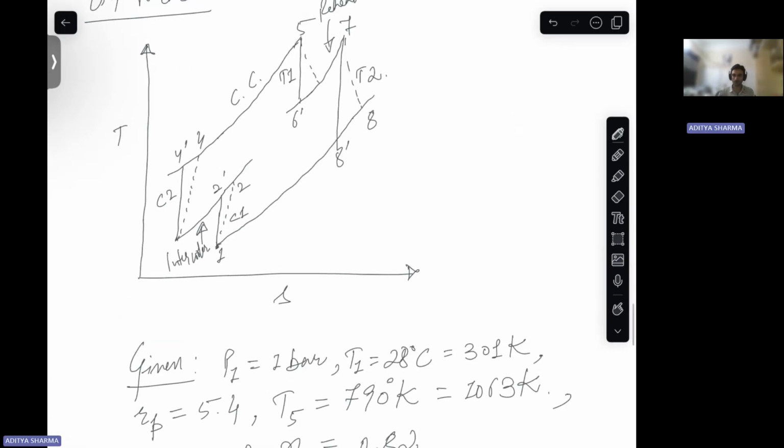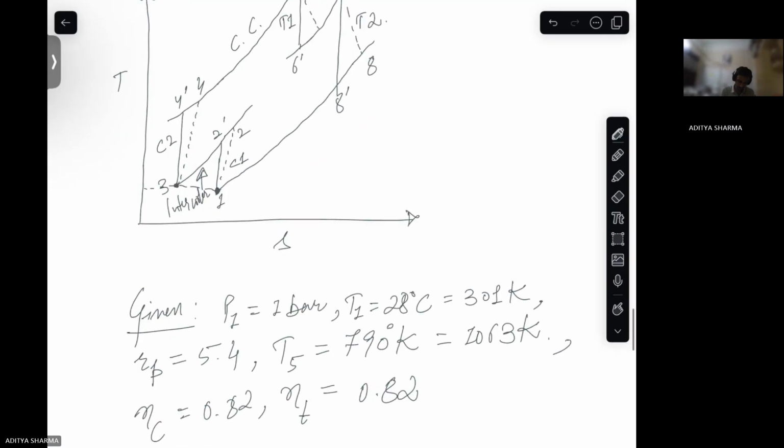Because perfect intercooling has been mentioned, and perfect intercooling basically means that this point and this point will be at same level. I have not been able to draw it at same level, but these two will be at same level. Okay. Also 2 dash and 4 dash will be at same level.